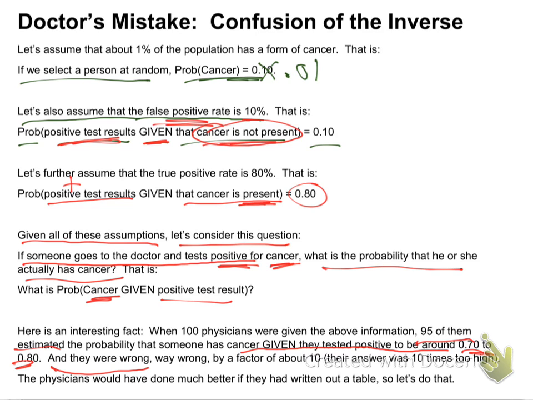And they were wrong. Way wrong. By a factor of about 10. Their answer's 10 times too high. They are miles off. They are not understanding the probabilities involved. And I want you to understand the probabilities involved.